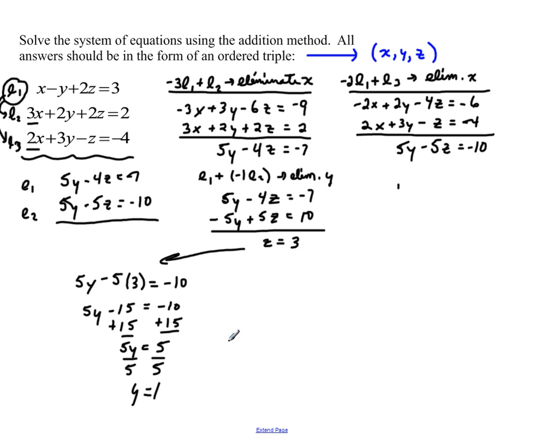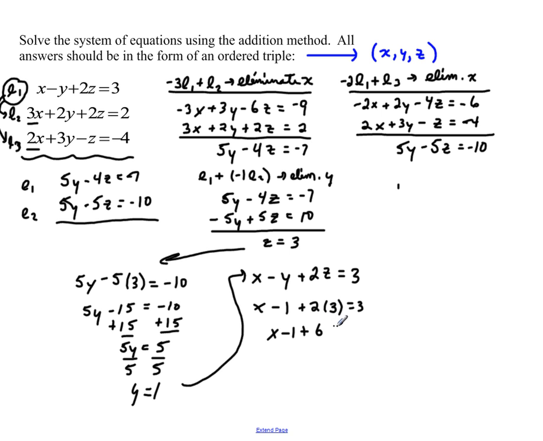So now I can go up to my original equation to solve for x right here. So let's back substitute again, where we have x minus y plus 2z equals 3. That's our very first equation, right? X minus y plus 2z is equal to 3. And we're going to make our substitutions here. So x minus 1 plus 2 times 3 will equal 3. So now we just solve for x here. Let's simplify. X minus 1 plus 6 equals 3, which is to say that x plus 5 equals 3.